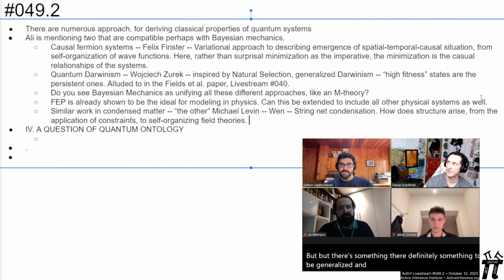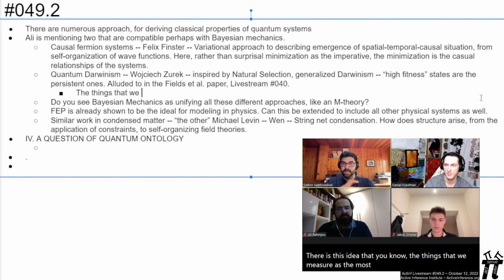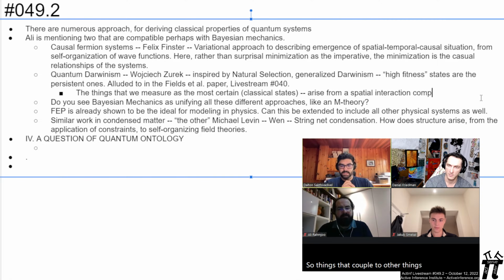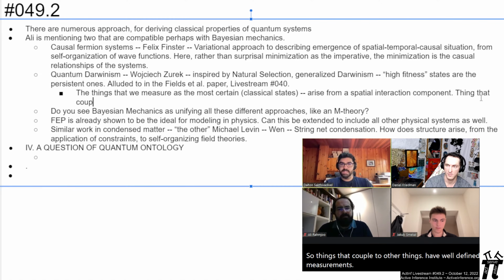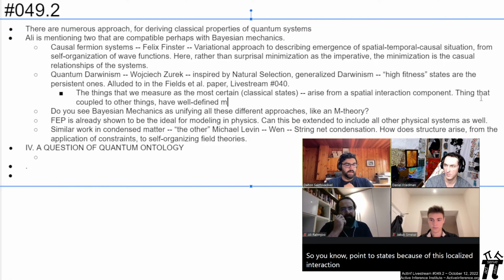And likewise for quantum Darwinism, there is this idea that the things that we measure as the most certain or the classical states arise from a spatial interaction component. So things that couple to other things have well-defined measurements, so pointer states, because of this localized interaction.